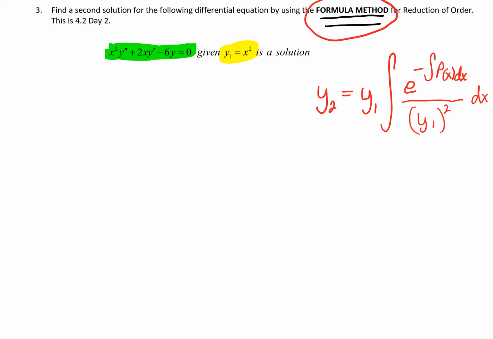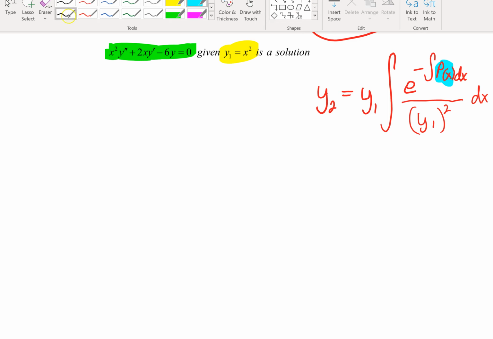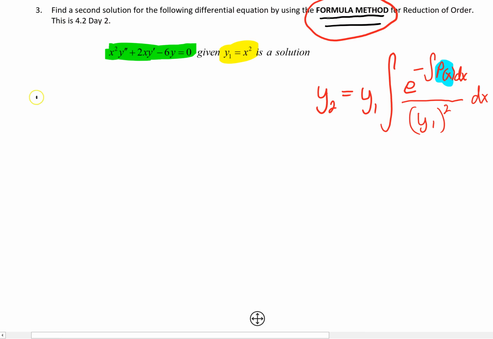I think what students are definitely wondering, if they need a review, is: wait a minute, what in the world is p of x? Please understand that in a differential equation, we will divide out whatever is in front of y double prime. What is going to remain is your p of x times y prime.